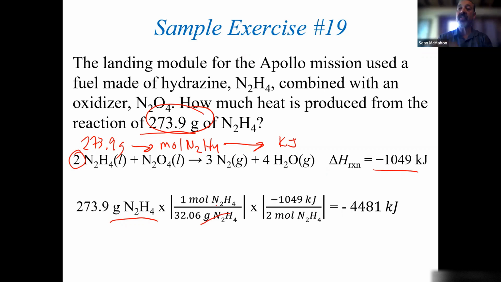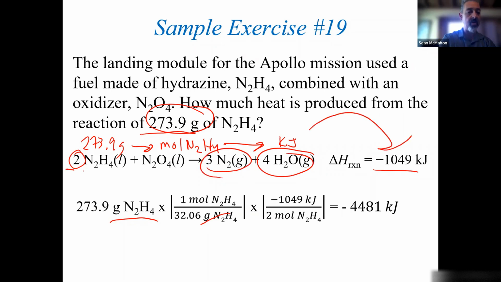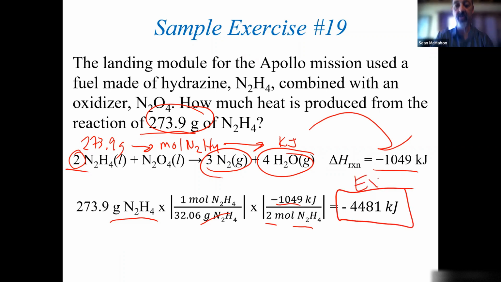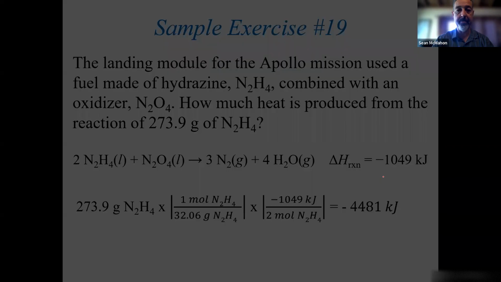Now, I don't have to convert to moles and then to grams because they're not asking for grams of a product. They're asking for heat. So I could just say, oh, well, there's 2 moles of N2H4 per 1,049 kilojoules released. When I do the calculation, I get this. And what I see is this is an exothermic reaction. It's releasing energy.